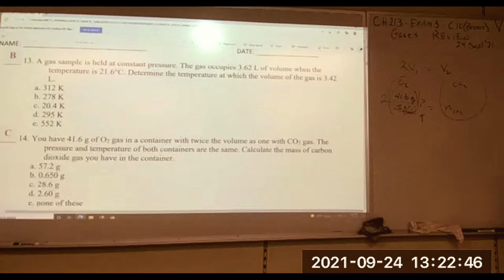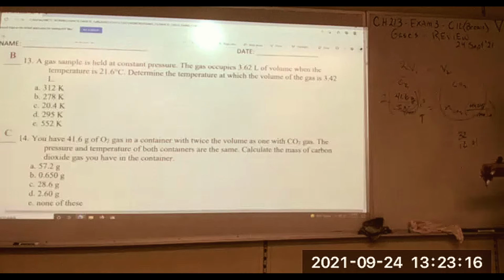Okay? So once you find the number of moles of CO2, what's the mass of CO2? We need moles down here, correct? And grams up here. So what's the molar mass of carbon dioxide? Well, it's 32 plus 12.01, right? 44.01.